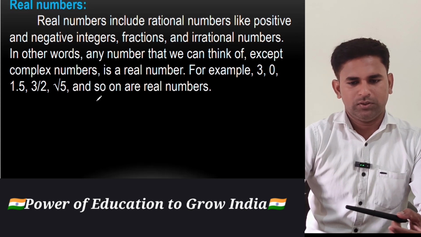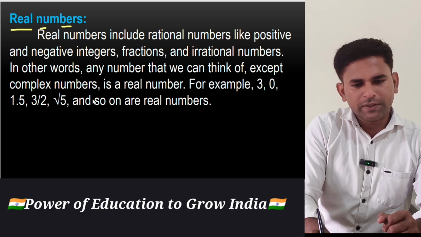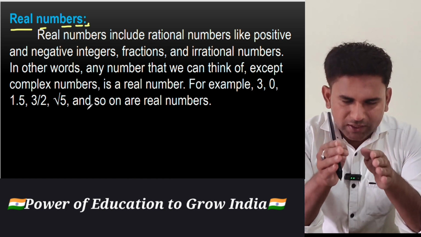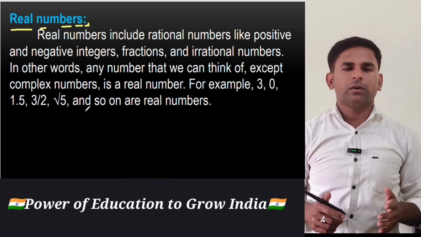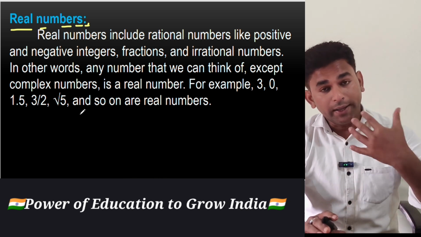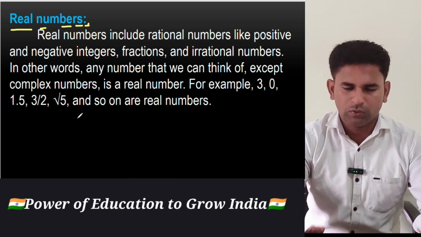Next is real numbers, so now we are going to discuss what real numbers are. In this lecture I am going to teach only the introduction to the number systems. In the next lecture we will collect a number of questions and solve them here.